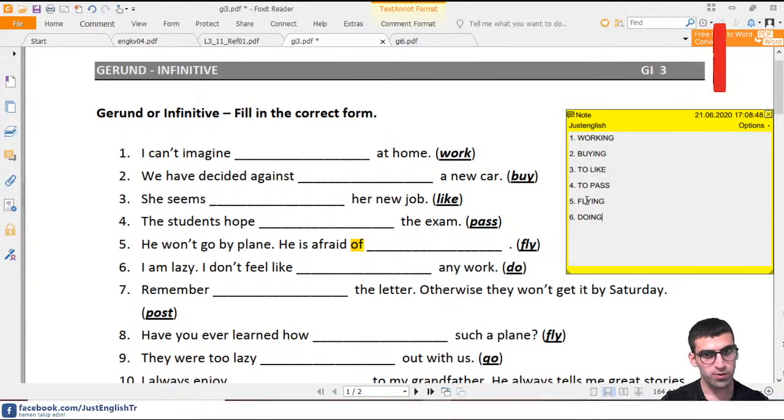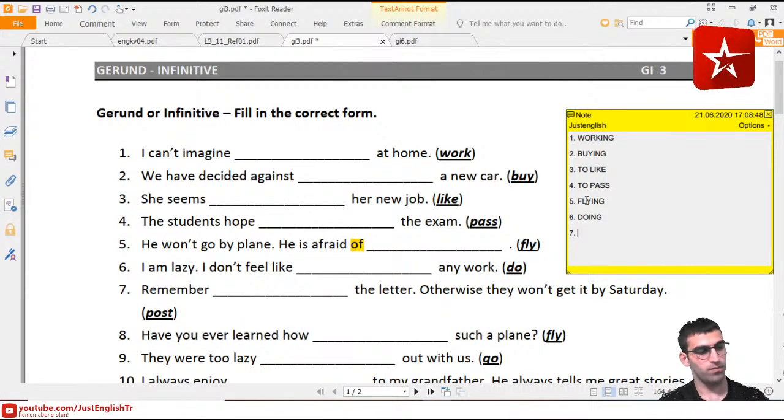Elif says both of them. Not both of them, because of feel like. After feel like, we have to use the ing form of the verb, like doing. Okay, feel like doing any work. Number 7, remember blah blah blah the letter, and otherwise they won't get it by Saturday.